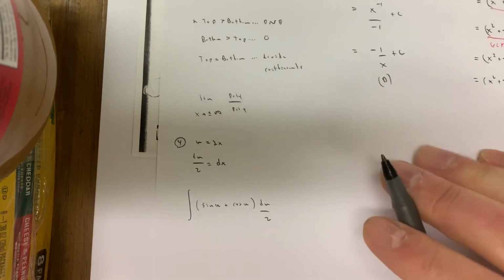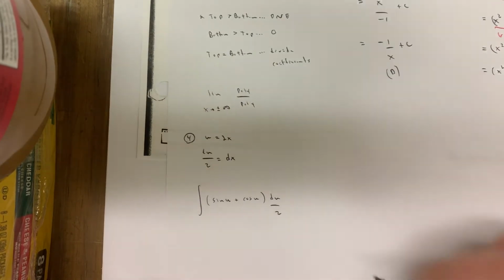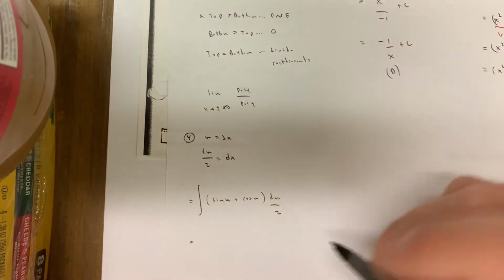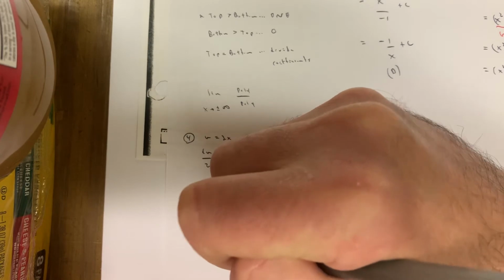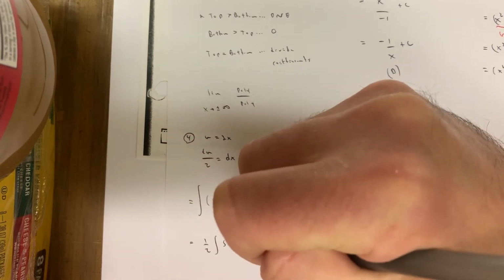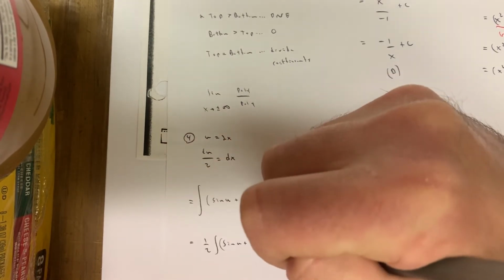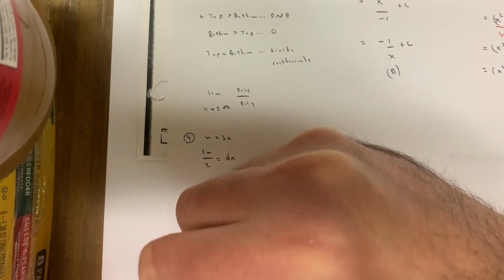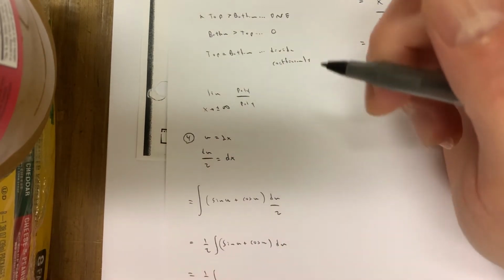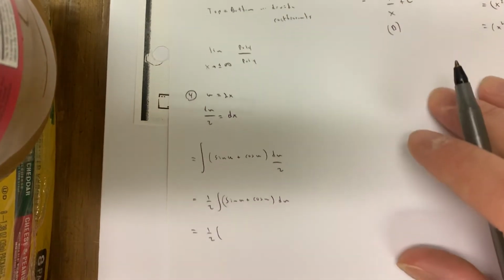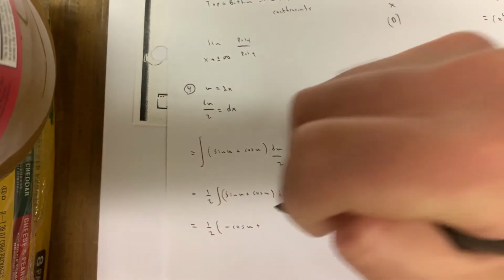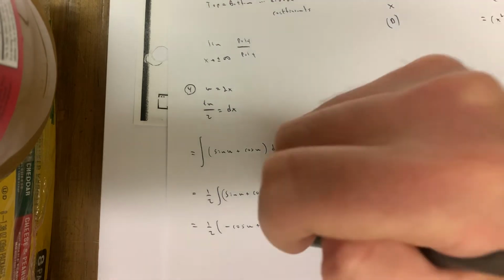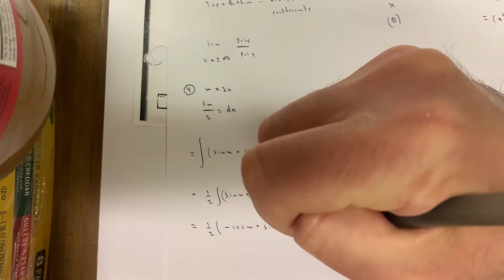So you actually don't need to break it into 2 integrals. Right now you could actually pull that constant out. It's not even a 2, it's a 1/2. Bring it out. Then do the integral of sine u plus cosine u with respect to u. And that's really 1/2 times, in a world of integrals, sine is the bad guy: negative cosine u, plus, in a world of integrals, cosine is the good guy: plus sine u, plus c.